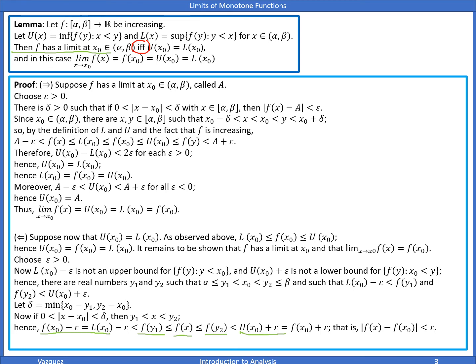Meaning what? Well, again, because they are in that epsilon neighborhood, we have f of x minus f of x naught. That difference is less than epsilon. Therefore, f has that limit at x naught, and that limit is f of x naught.